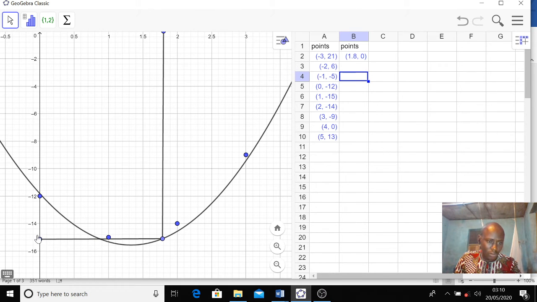So 15. 1, 2, 3 is 3. That is 15. So we have, when our x is 1.8, y is what? It is minus 15.